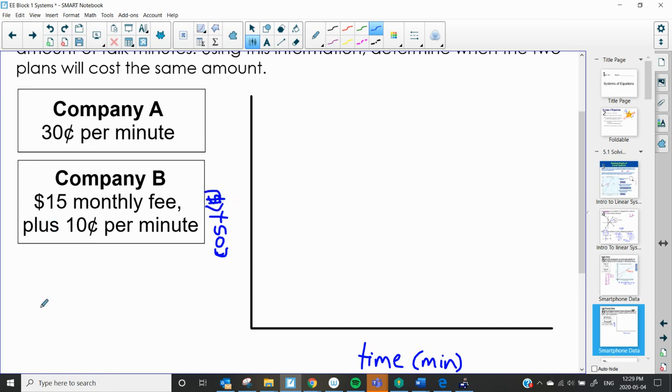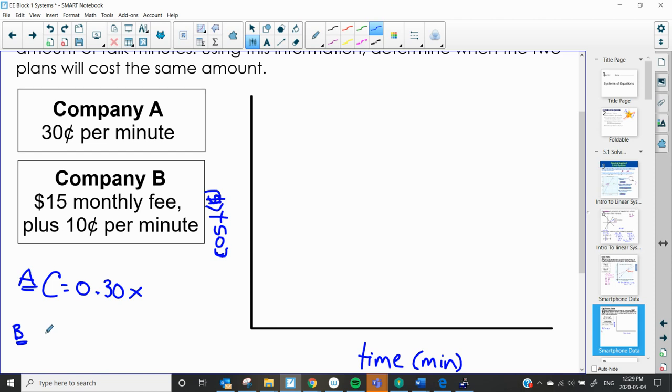Okay. Now, company A is charging 30 cents per minute. Now, because cost is in dollars, we have to write our 30 cents in decimal form. So cost is 30 cents per minute. So 0.30x or just 0.3x.